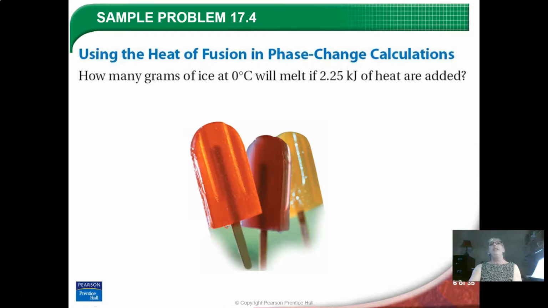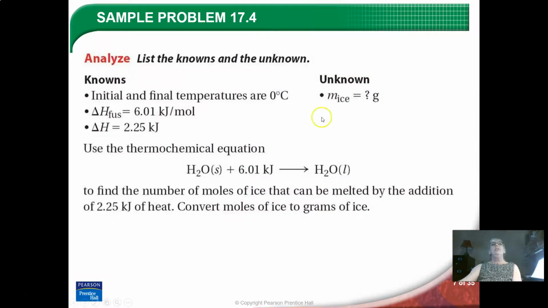So how could we use the delta H of fusion for a popsicle? We have how many grams of that will melt with that many kilojoules of heat added to it. So this is the constant for fusion, and that many kilojoules was the given.